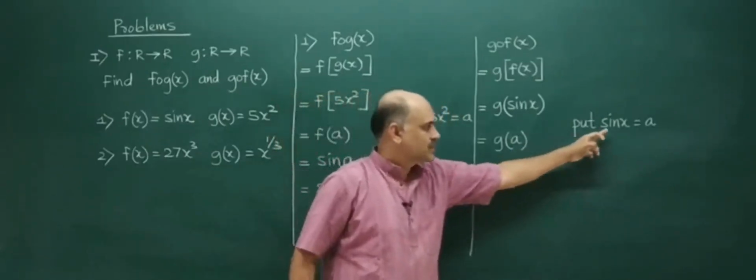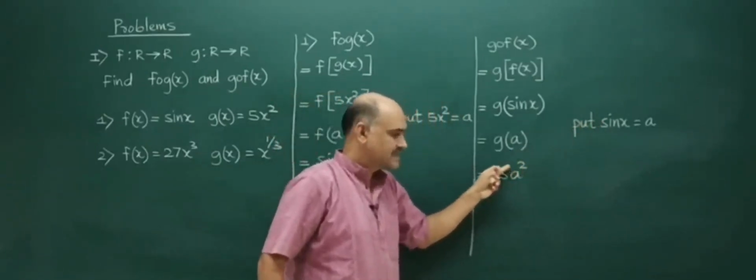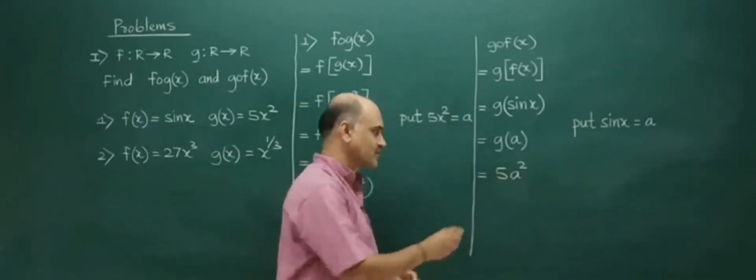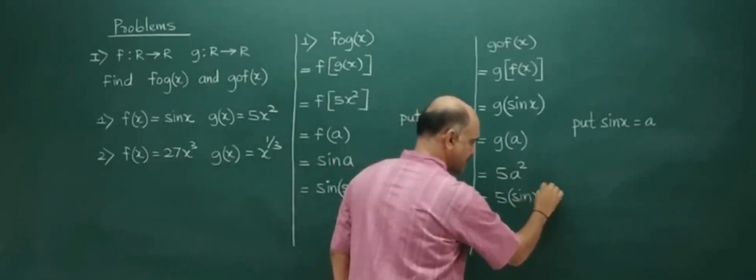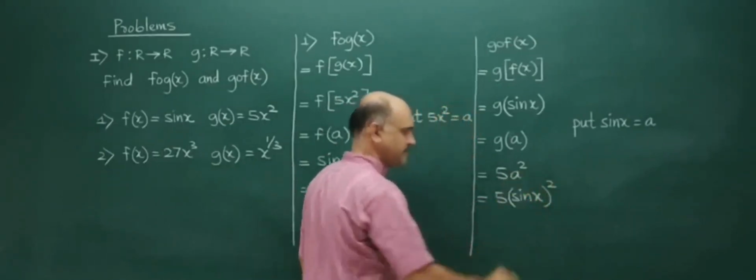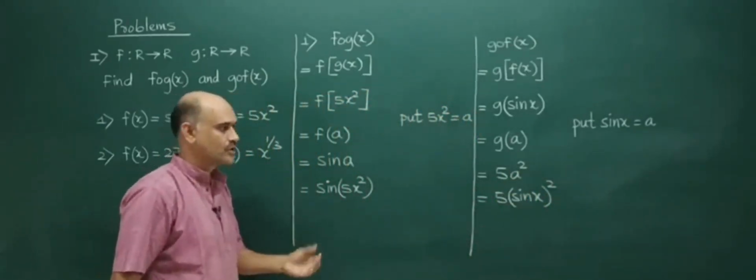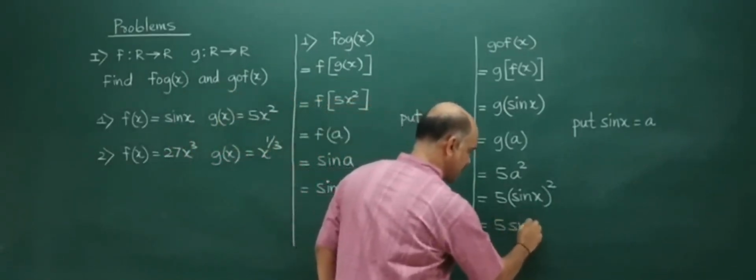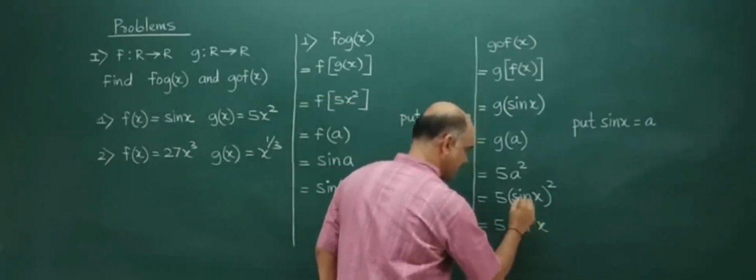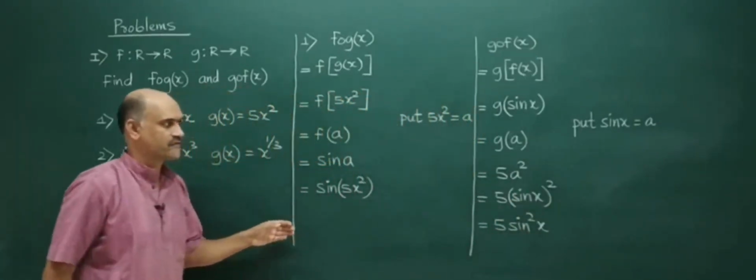Now substitute a. A is sin x. So you will have pi into sin x bracket square, or you can write it as pi sin square x. This is g of f of x.